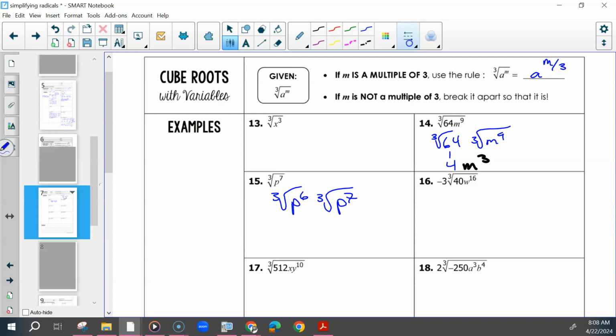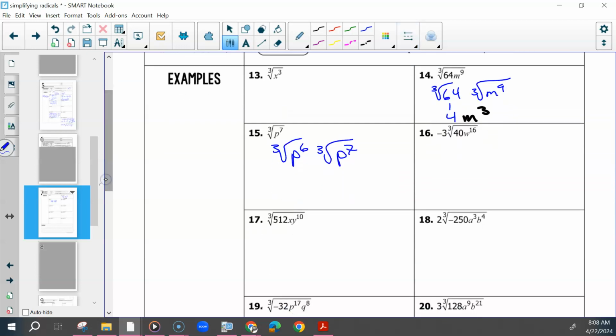Or again, you could list them out, expand them. So then 3 goes into 6 twice. This would be p squared. Oops, this was supposed to be 1. Sorry, not 7. And then this would stay the same. If you want to put parentheses in there so your exponents aren't getting confused or mushed together, you could do that. You don't need them.